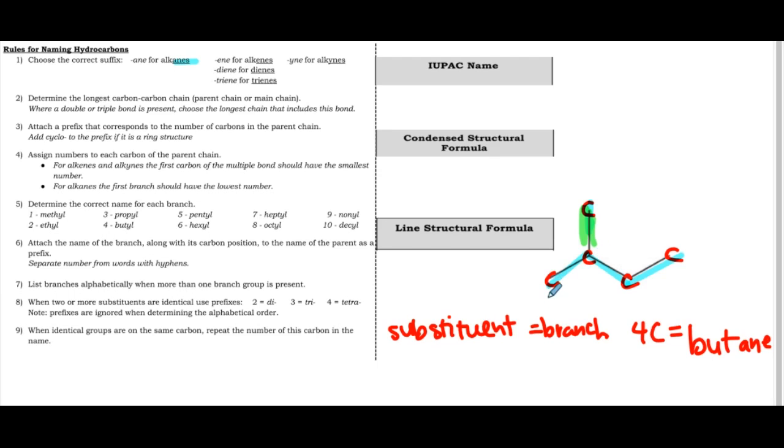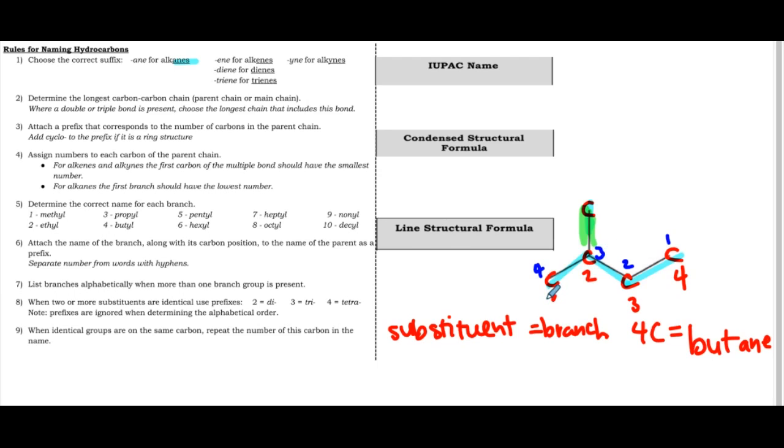If we were to number it from left to right, the carbon location would be at the second carbon location. So 1, 2, 3, 4. If we were to number it such that we start from the right and then proceed to the left, I'll just draw it at the top over here, 1, 2, 3, 4, this would be carbon number 3. That's a higher number.